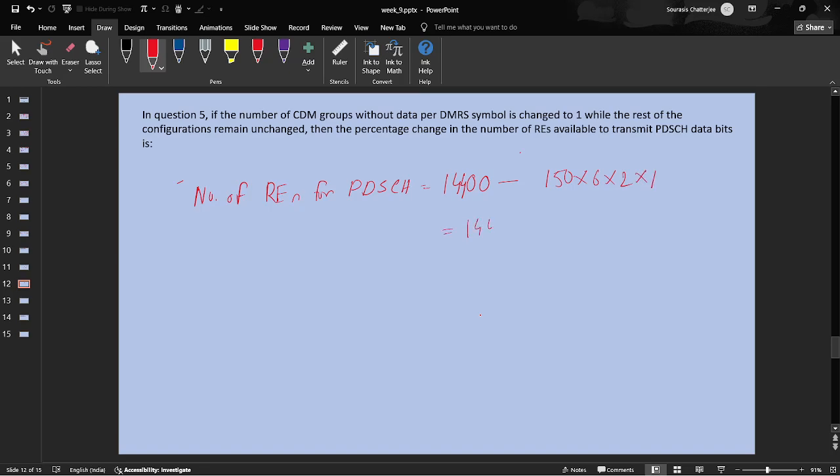That means 14400 minus 1800, that is 12600.